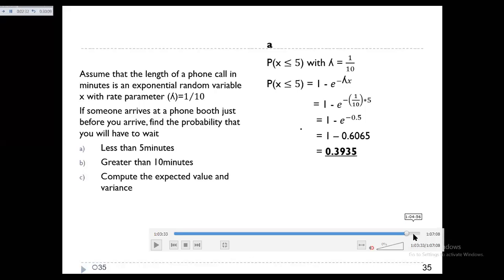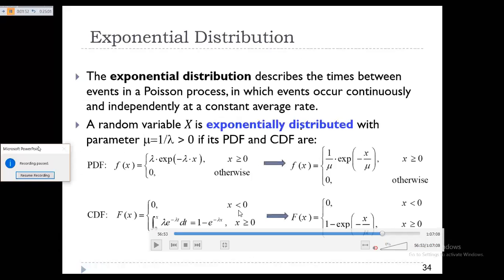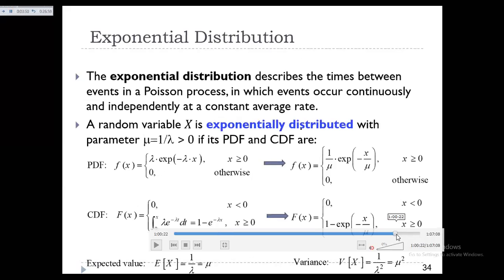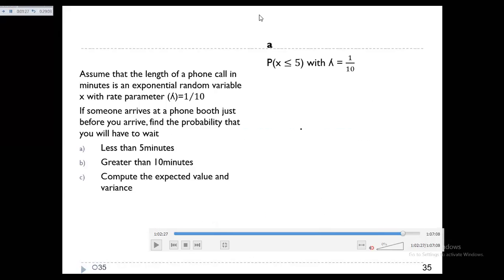This is a CDF, so if you're going to calculate a CDF, you know what to do. The CDF function is given here: 1 minus e raised to the power negative lambda x. The rate was given in the question to be 1 over 10, and your x is 5, less than 5.